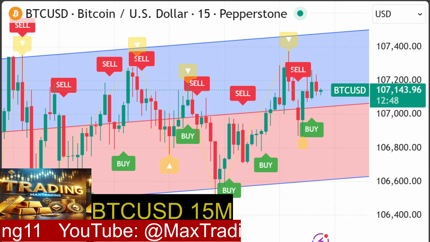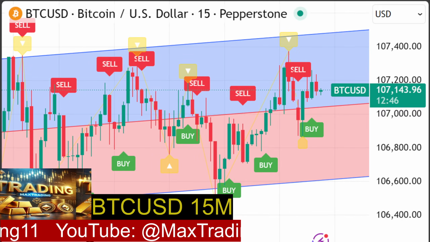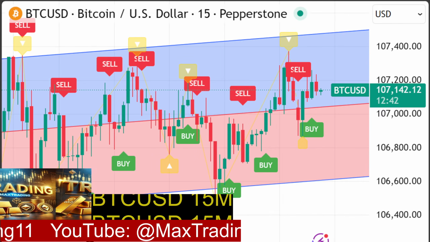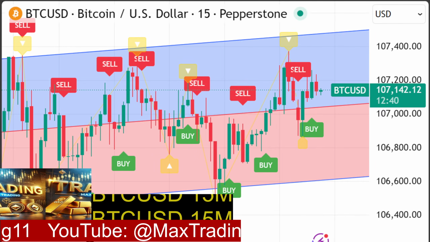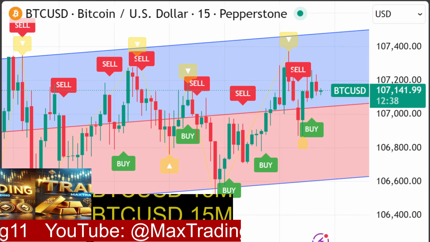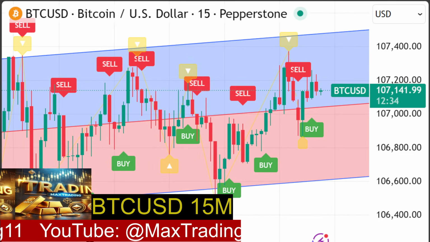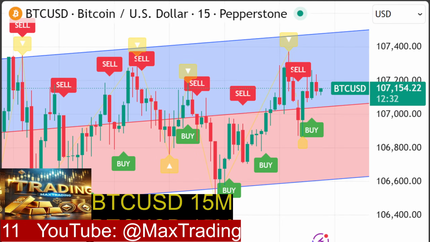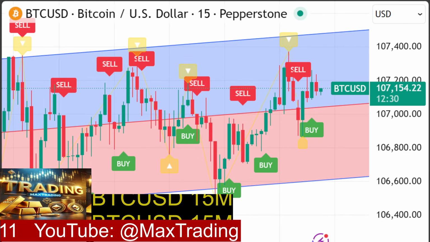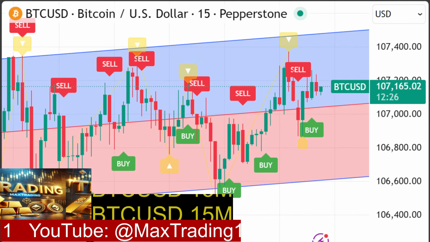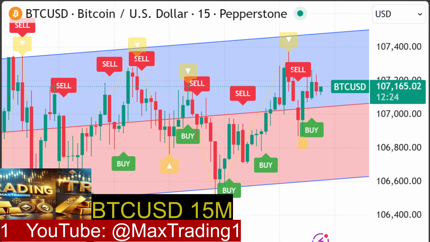Three: moving averages. The 50 EMA and 200 EMA are classic trend filters. When the 50 crosses above the 200, it's called a golden cross, often followed by bullish momentum. When the 50 dips below the 200, it's a death cross signaling potential bearish continuation.